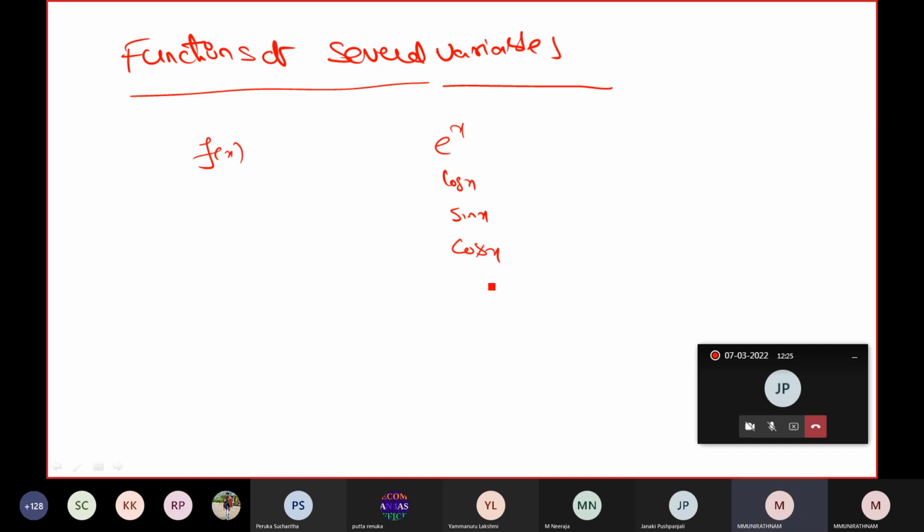What the graph will be, what the domain and range are, what the derivative and the integration are, and what the limit is, limit of x square, limit of 1 by x, at some particular point. These are all we have discussed.